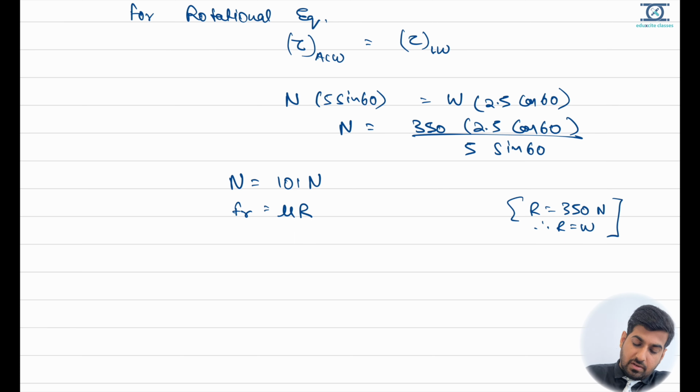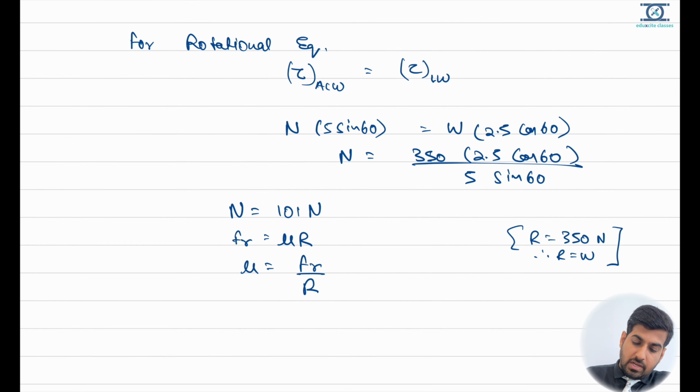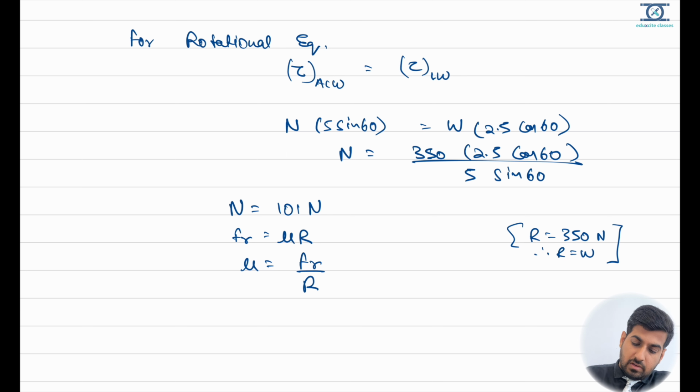So we can write mu as friction over R, and friction is equal to N, which is 101 Newton, right?